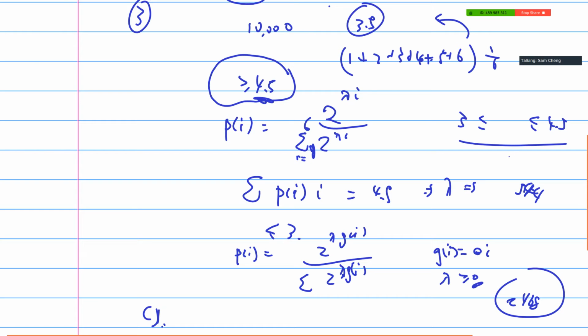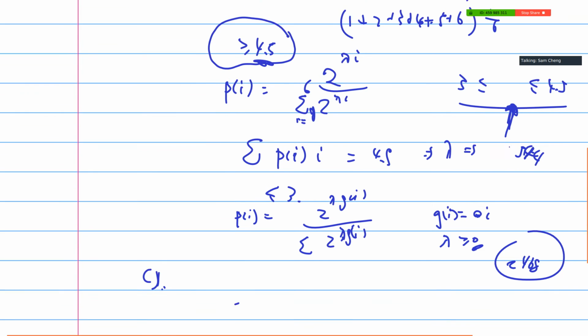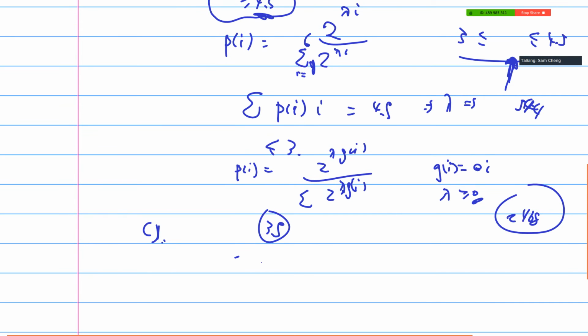If that were the constraint, it would be simply typical. So you expect the outcome to be just 3.5, and therefore the total number of 1s is simply 10,000 over 6. So yeah, the total number of 1s.